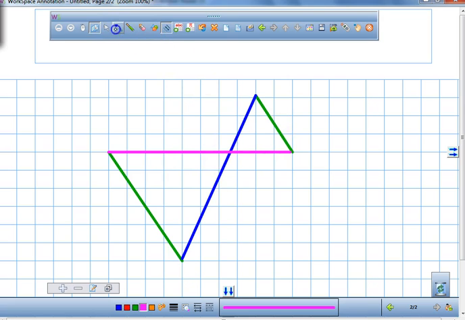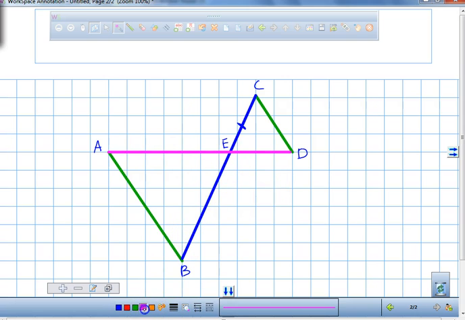Okay? So, how would they be similar? I'm going to label this A, this B, this C, D, and E. Now, it's kind of cool because I used 3 different colors. The thing that's neat is this side right here will be similar to this side.